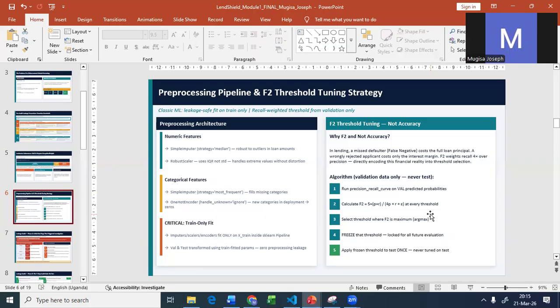But precision and recall conflict among each other a lot. A threshold is simply a boundary, a mark you set to determine default or non-default. You can set a threshold of, let's say, 0.5.